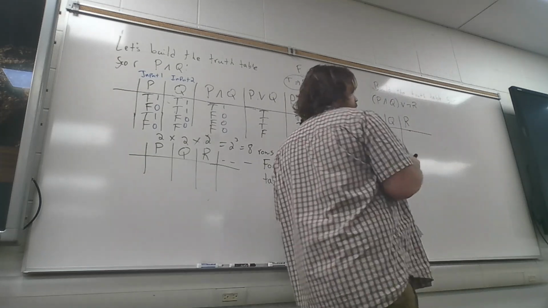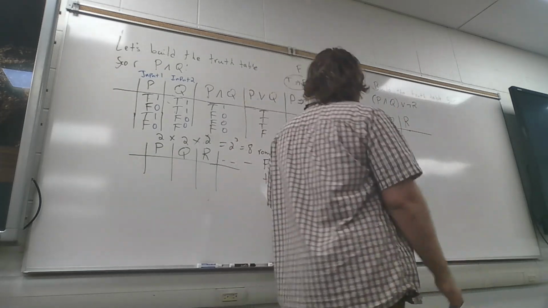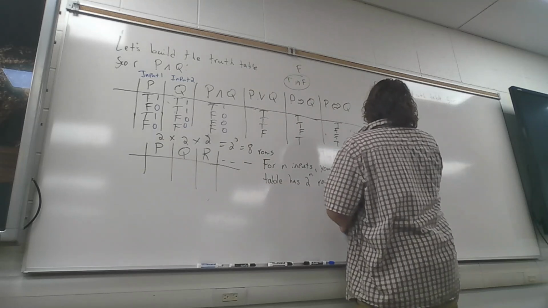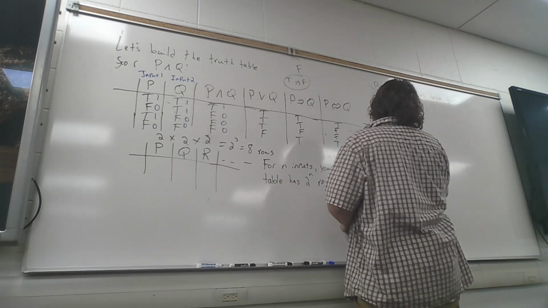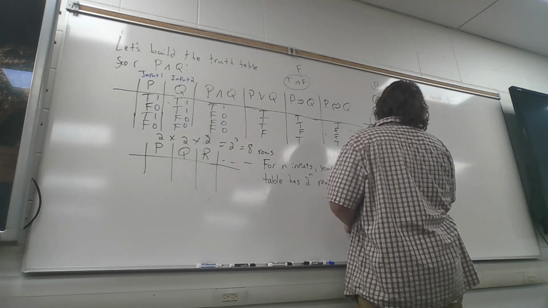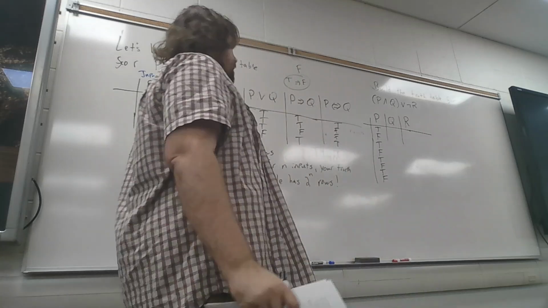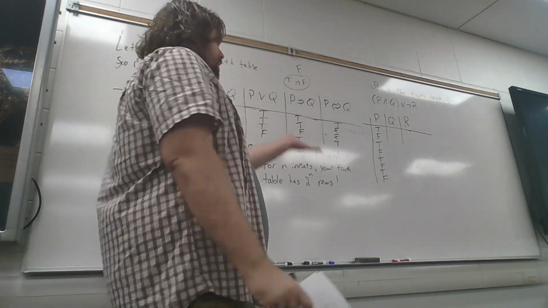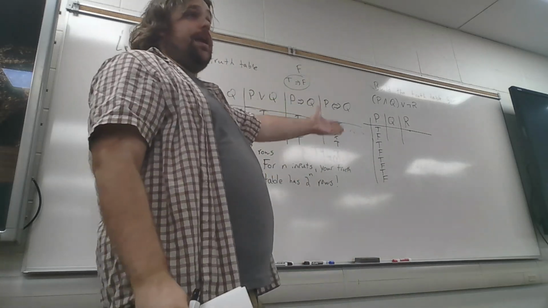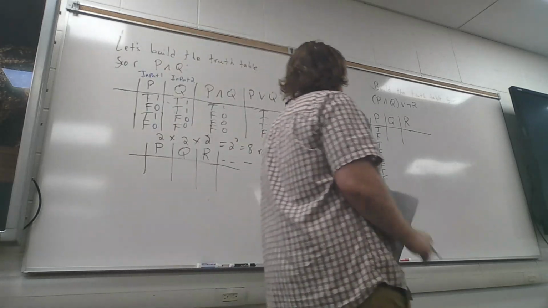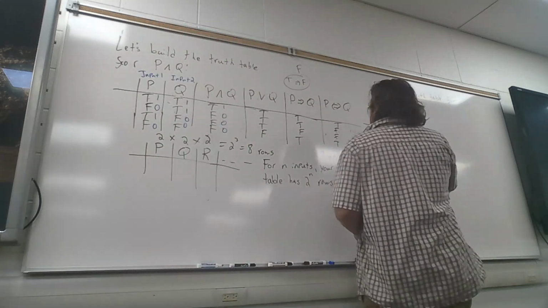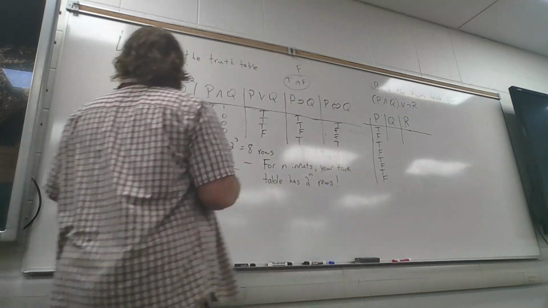The way I like to do this is sort of a pattern-based approach. So we just write down trues and falses, alternating, until, hey, wait a minute. We have 3 inputs, 8 rows, we stop. Now we've written down 8 things, so we're going to have 8 rows. Now we look here and we sort of motivate ourselves from this.